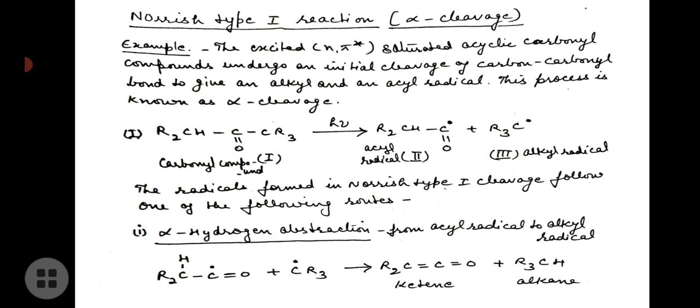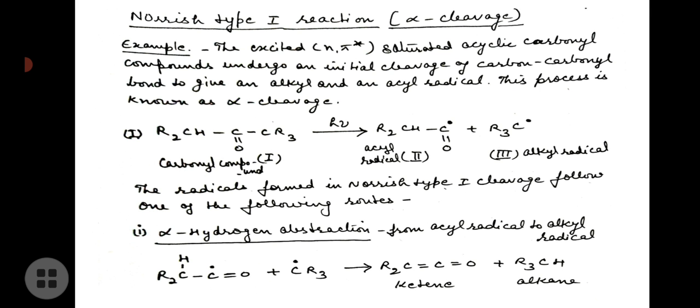Now let us discuss one more example of Norrish type first reaction, that is alpha cleavage. Again we have taken an example of a saturated acyclic carbonyl compound. The excited n-pi star saturated acyclic carbonyl compounds undergo an initial cleavage of the carbon-carbonyl bond and give rise to an alkyl and an acyl radical.